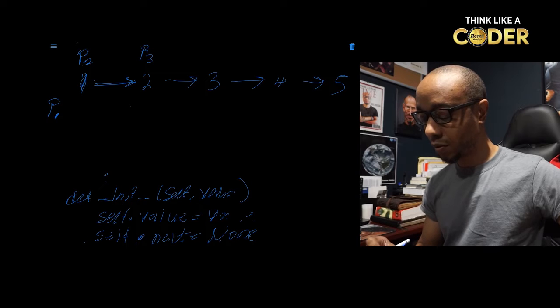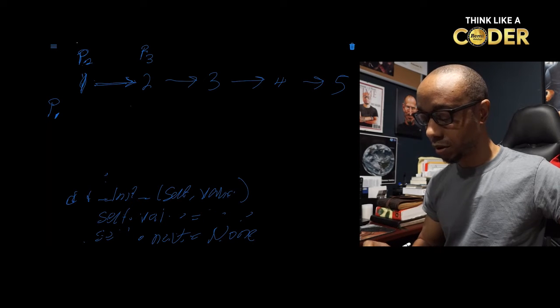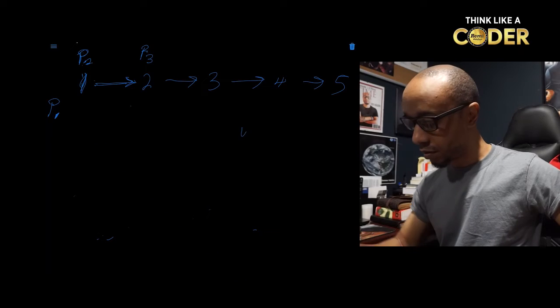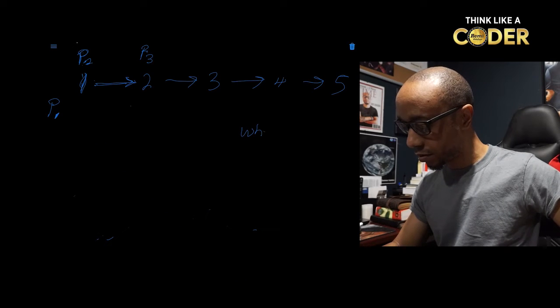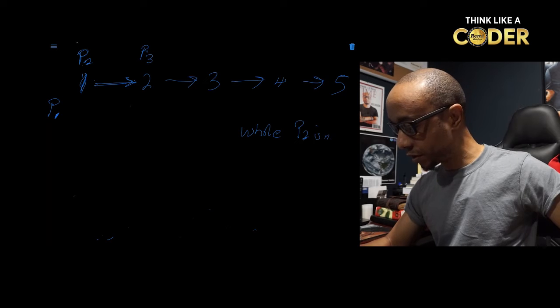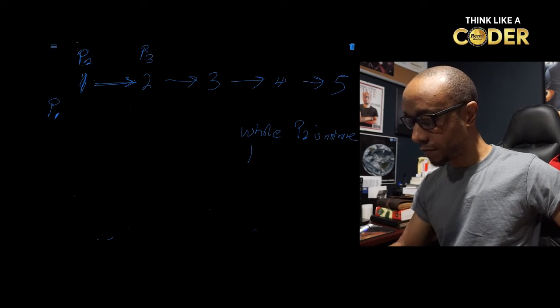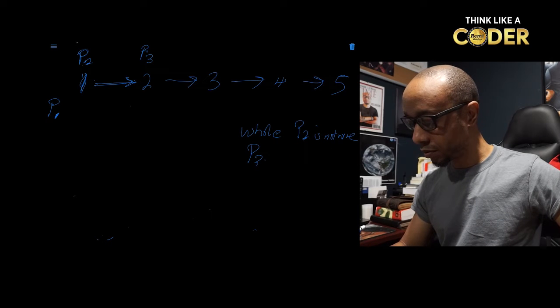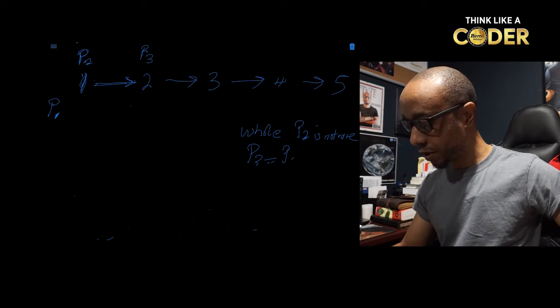Here's what the solution is. Let's just get straight to the solution. What we will do is, while P2, which is this pointer, has a value, which means is not None, we want to say P3 will be p2.next.